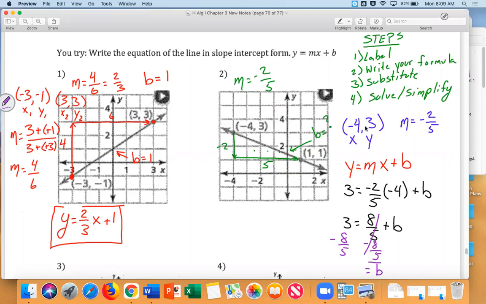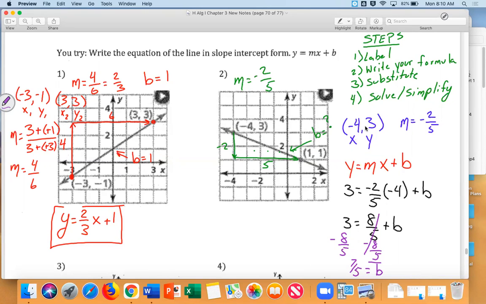If you only have the calculator on your phone, you can use it, but sometimes you're gonna get some weird decimals. Everybody just type in 3 minus 8/5. If you do math, enter, enter, you'll get 7/5.